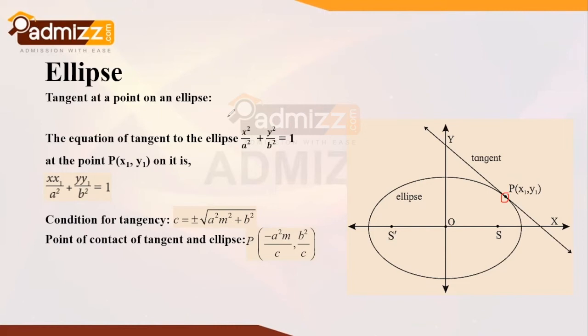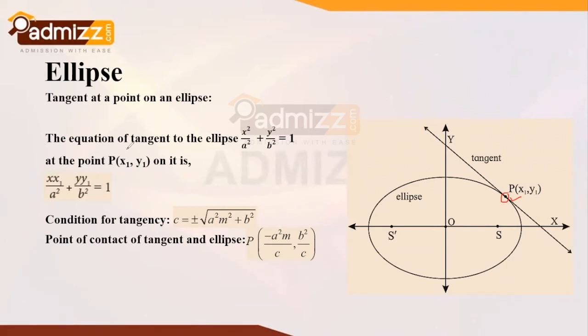particular point P. Okay, so the ellipse equation utilized is x square upon a square plus y square upon b square is equal to 1, wherein in the question you will be offered with the values of a and b. No need to worry. So the P coordinates are given as x1, y1.